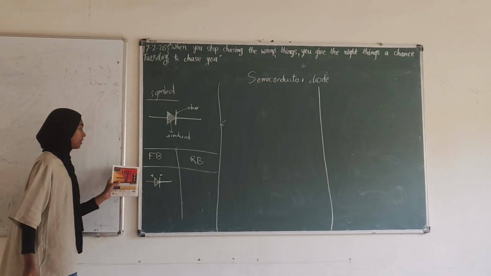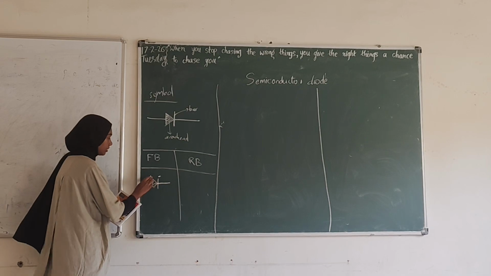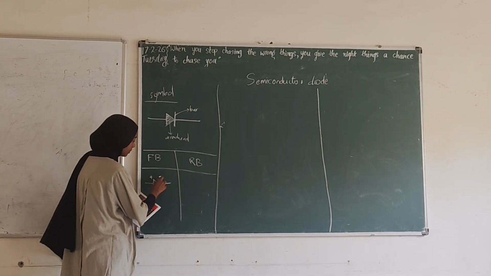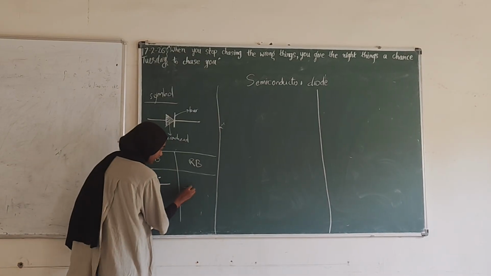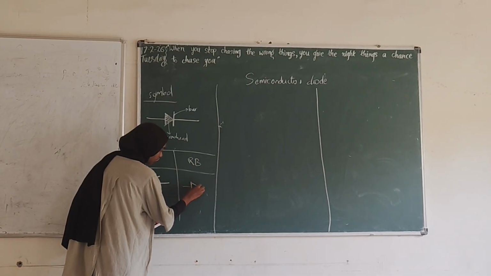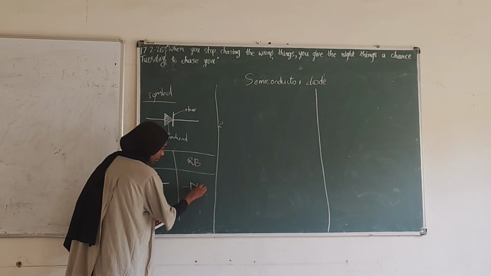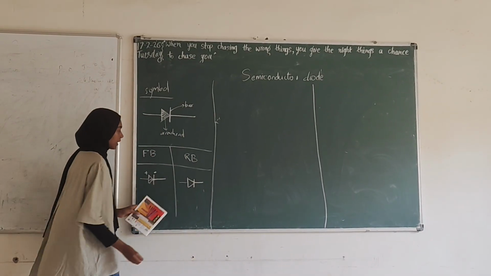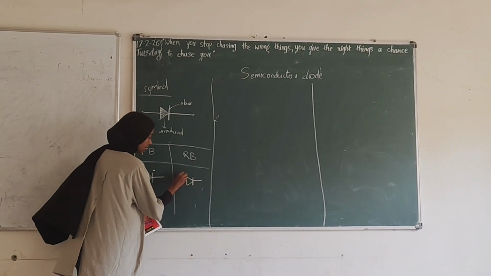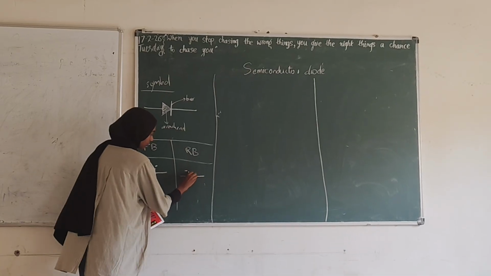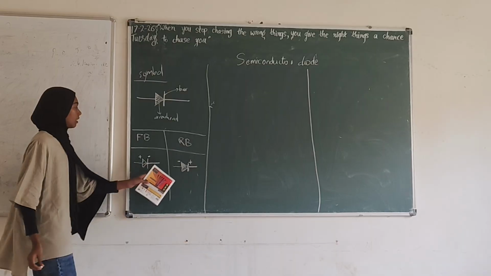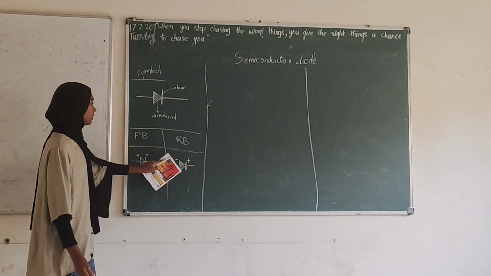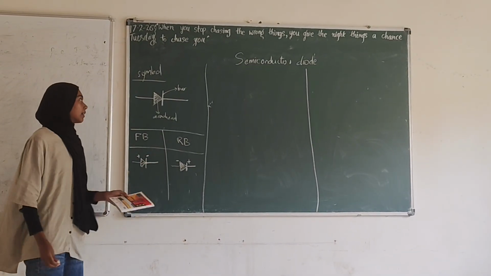If it is in this way, we can say that it is forward biased. And if the negative terminal of the circuit is connected to the arrowhead side, we have a negative sign on the arrowhead and a positive sign on the bar. In this case, it is reverse biased.